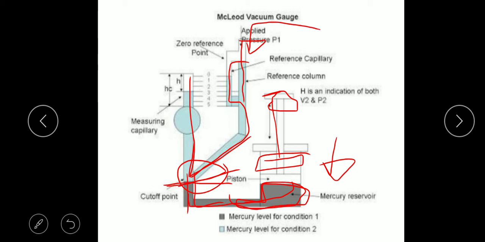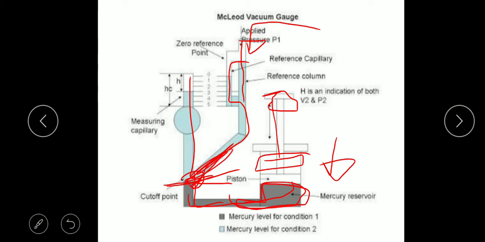Now if we start giving pressure onto the piston, the mercury level will rise again, come to this position, and start covering the maximum area of the capillary.